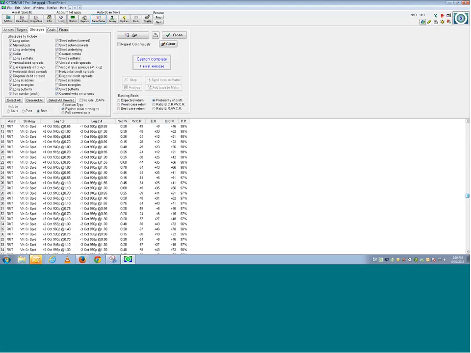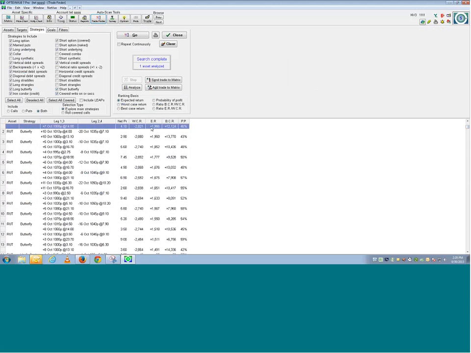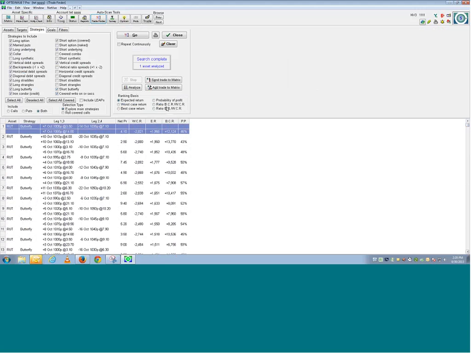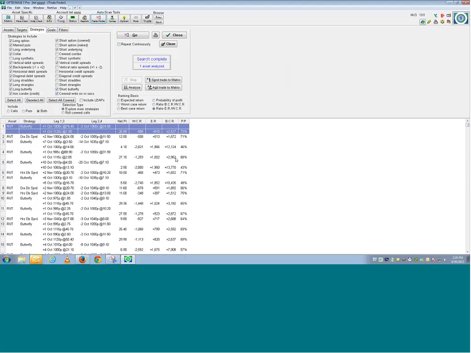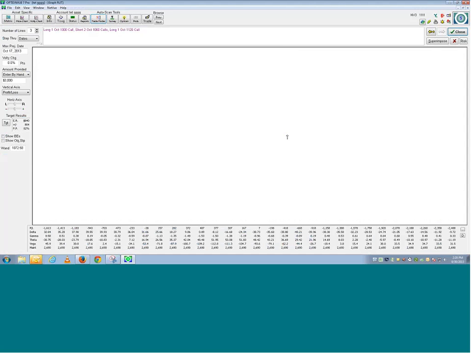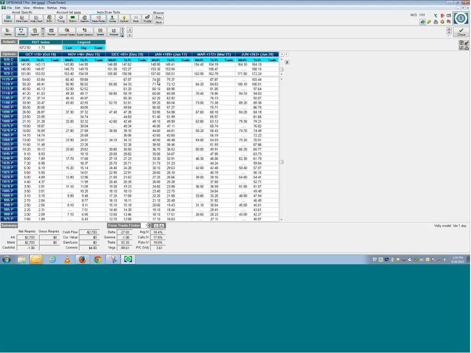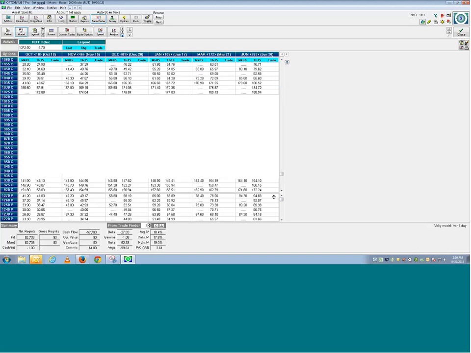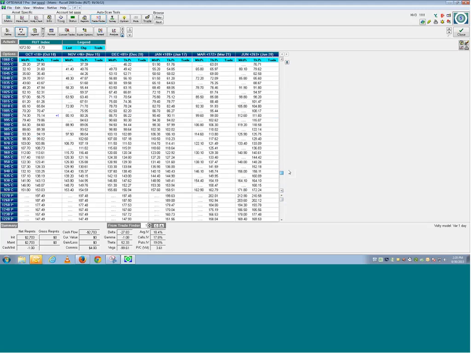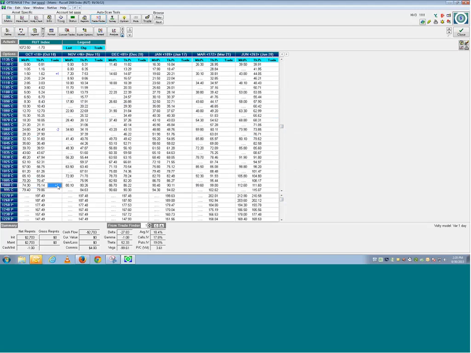Okay, yep, there are none. So of all these, I would say you'd probably want to pull this butterfly here that has the best ratio of expected to worst case, something like that. Okay, let's send that to the matrix so you can see that one. This is in the calls, I believe. There it is. Again, a very wide butterfly, 1,000, 1060, 1120.